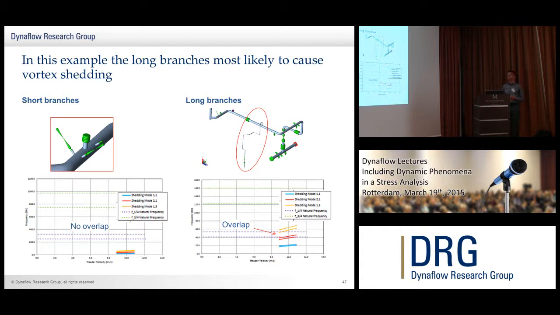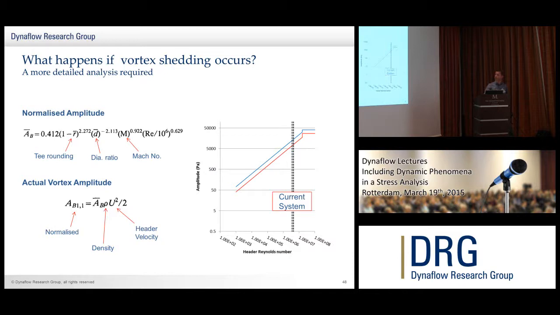The question is, what sort of analysis can we do? Can we do a more detailed analysis to check if it's going to be a problem for fatigue? First of all, if we want to do a stress calculation, we need a pressure associated with the vortex shedding that we can actually put into our stress calculation.